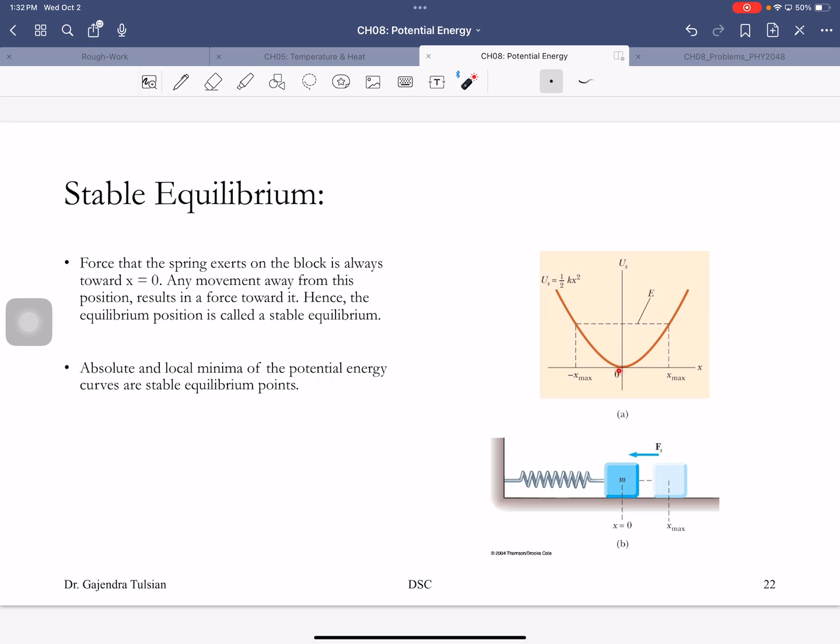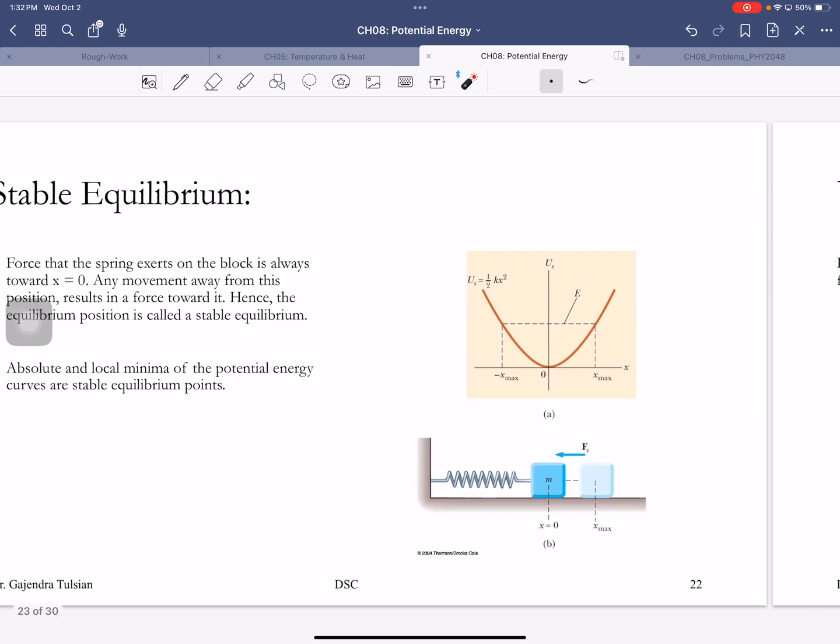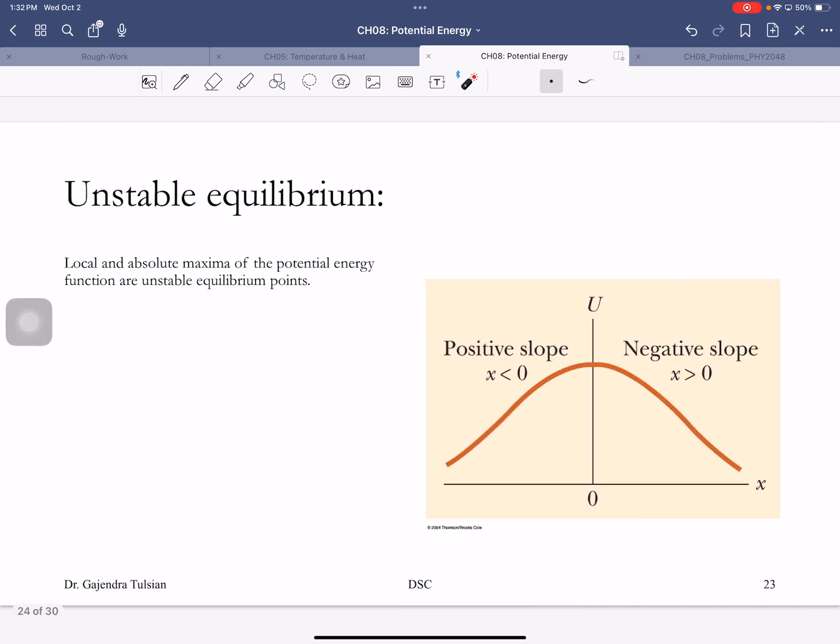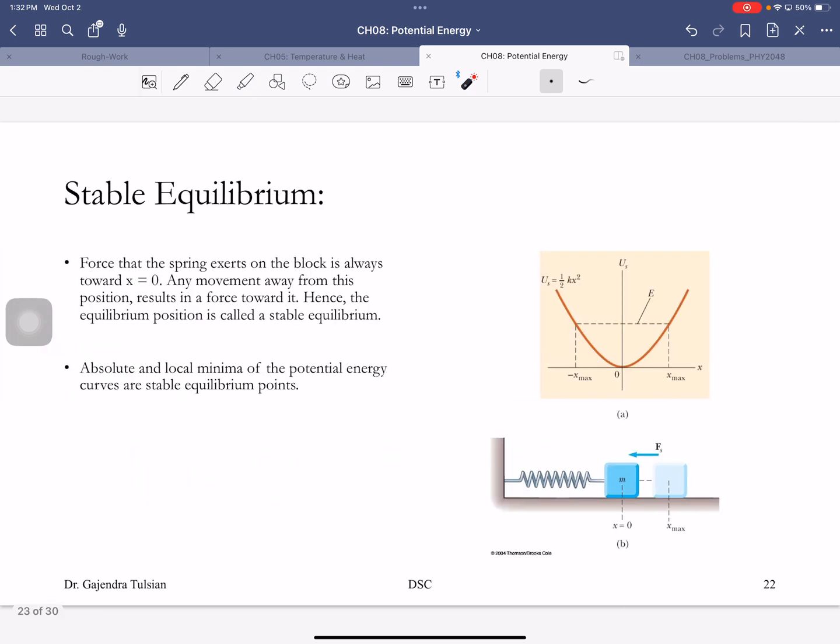So that's a stable equilibrium point. You disturb it from the equilibrium position, it'll come back. That's an unstable equilibrium position. So for a stable equilibrium position, you see du by dx is an increasing function. For a stable equilibrium position, d square u by dx square is positive.